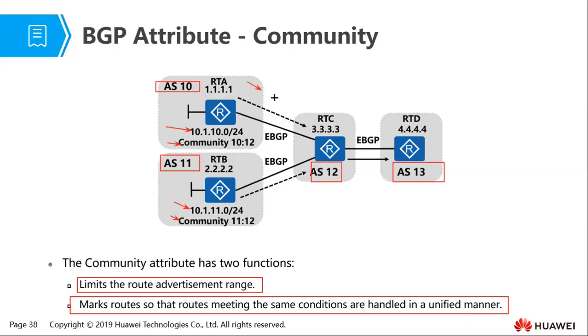Now, when these networks are advertised to AS12, what RTC wants is to aggregate, or summarize as we called it in OSPF, these two networks so that it only advertises a single summarized route to RTD. So RTC is going to take those two networks and summarize them to 10.1.10.0/23.